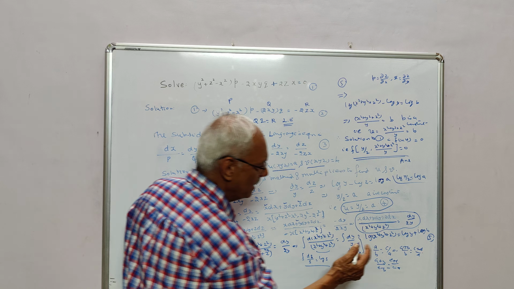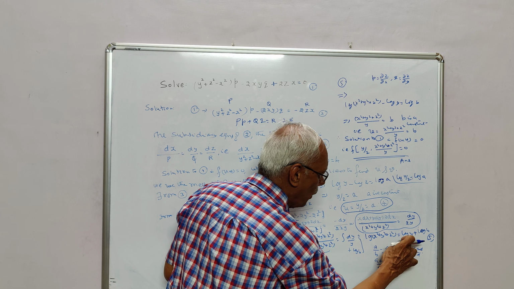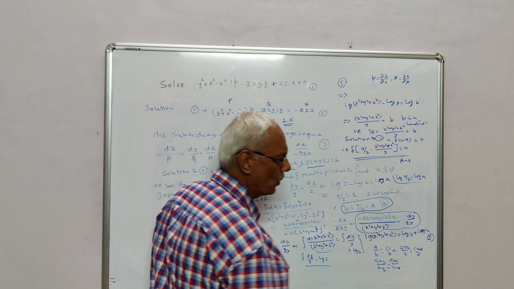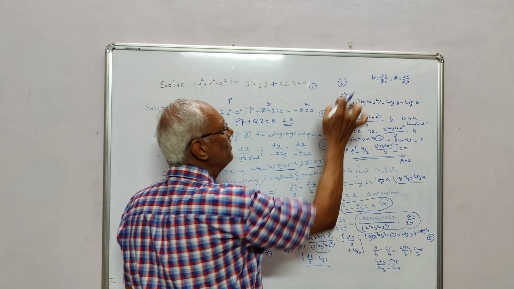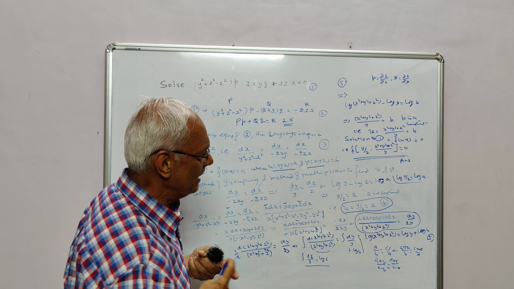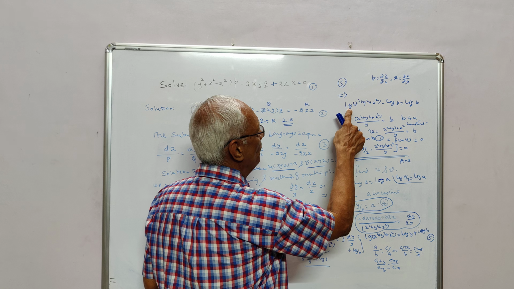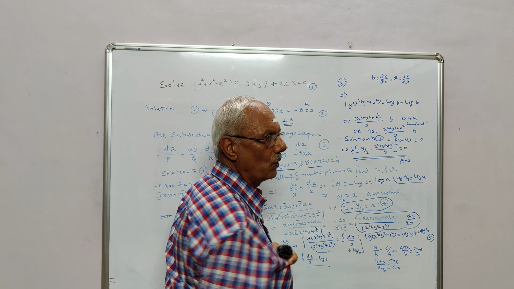Therefore, you get log of x square plus y square plus z square is equal to log y plus log b. Now see here I am writing, since I want the space, I call this equation number 5. So 5 becomes, I bring it to the left hand side, log of x square plus y square plus z square minus log y is equal to log b.